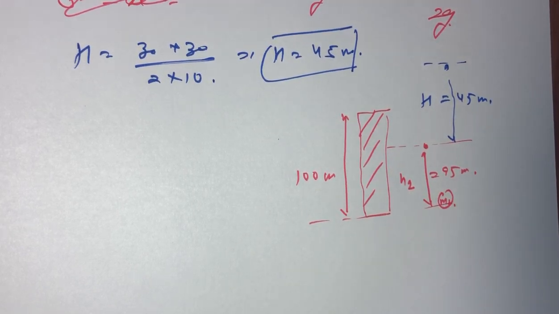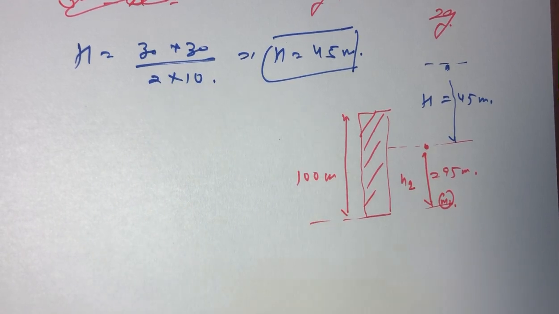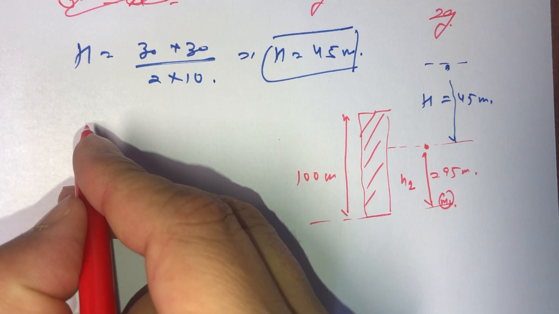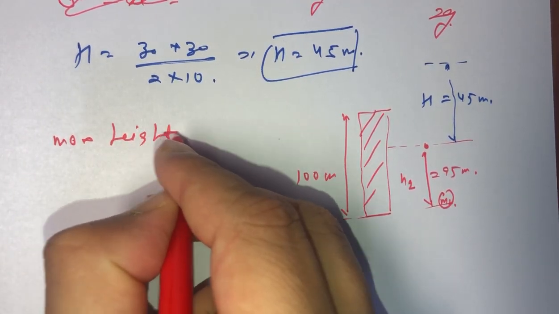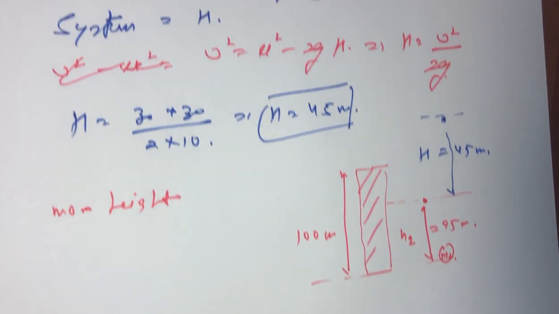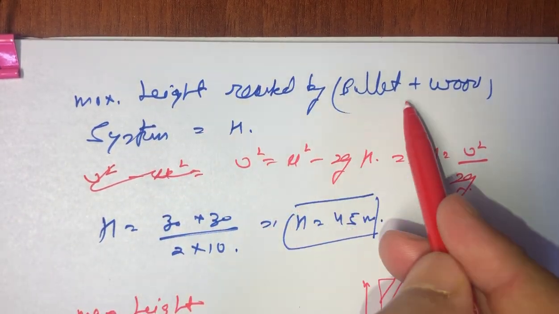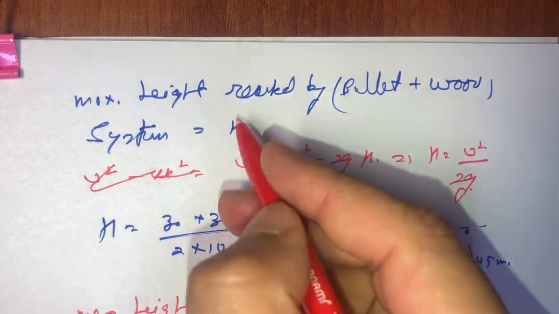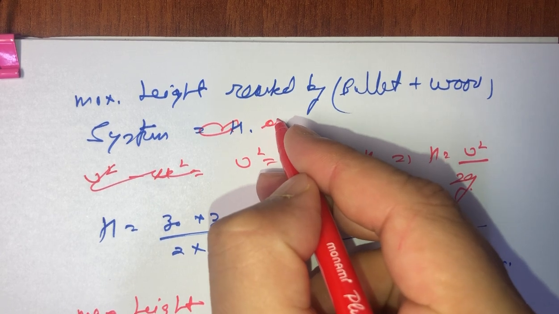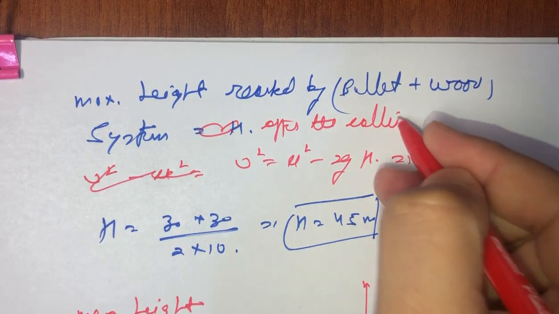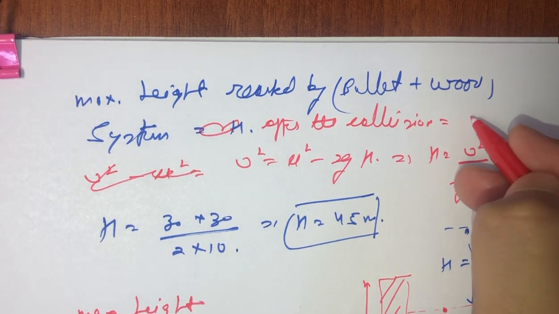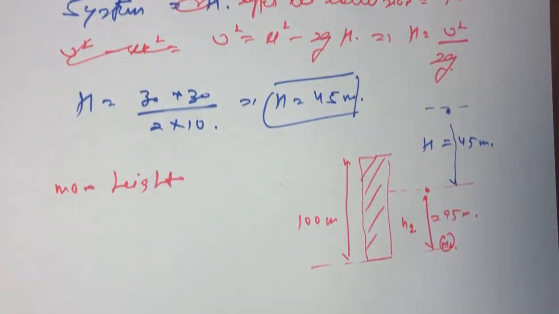Okay. So therefore we can say, let me rephrase this one. Maximum height reached by the bullet and the system after the collision, that is given as h. It will be much more clear.